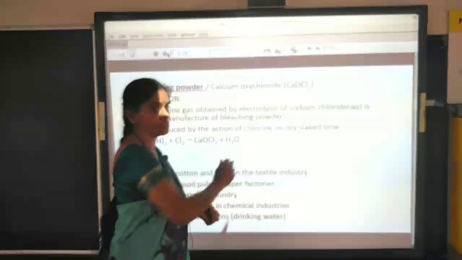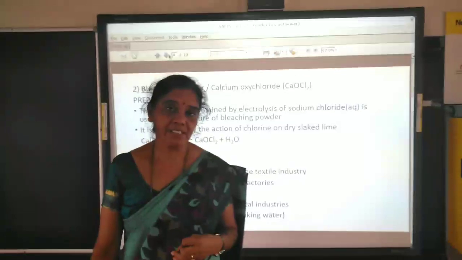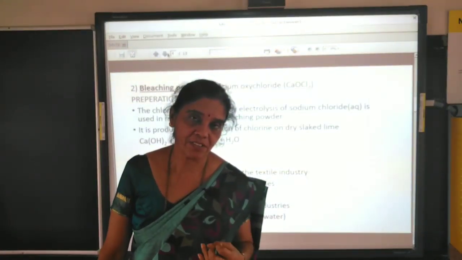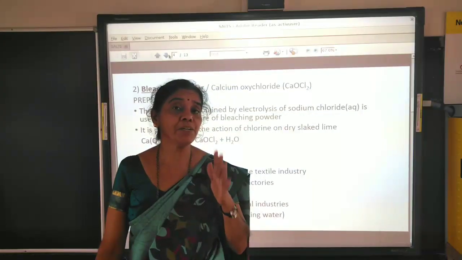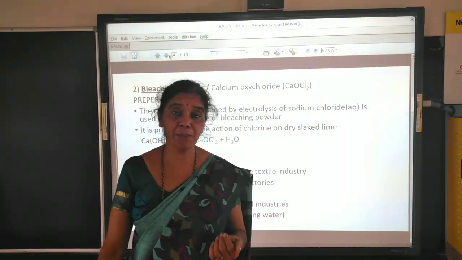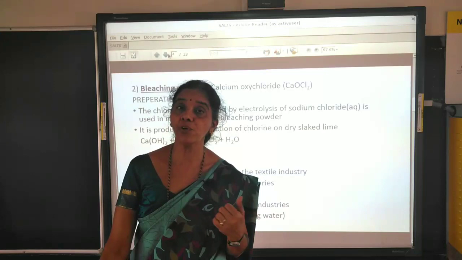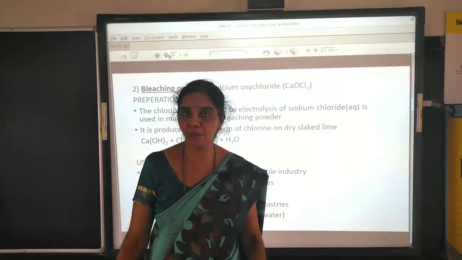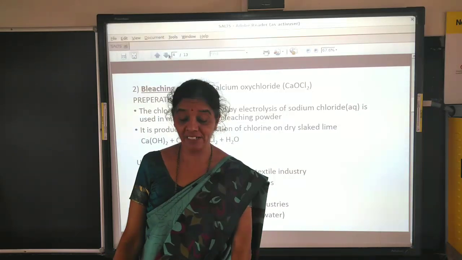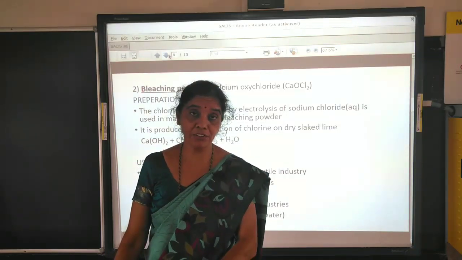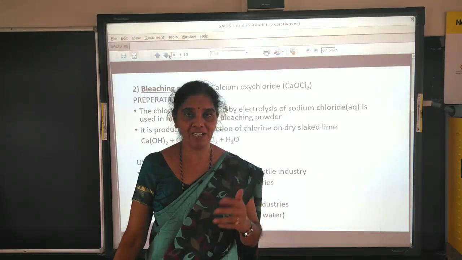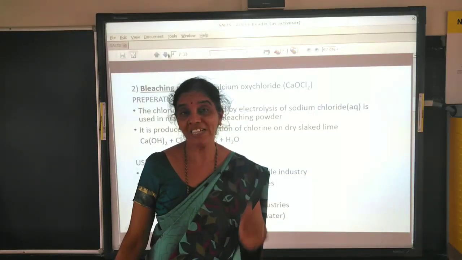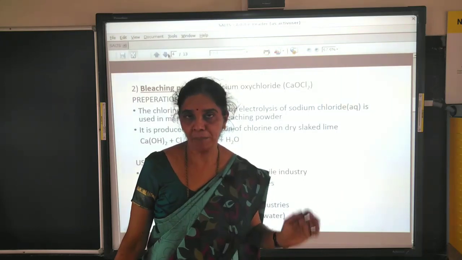Next, in the paper industry, paper manufacturing factories need white paper. You know how they prepare paper? First they take wood wool, and by some processes they manufacture the paper. We want bright white paper, so you want to remove the pale yellowish color or other colors. There also they use bleaching powder to bleach the paper.